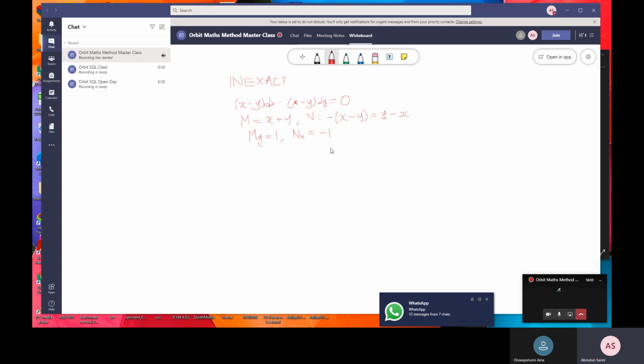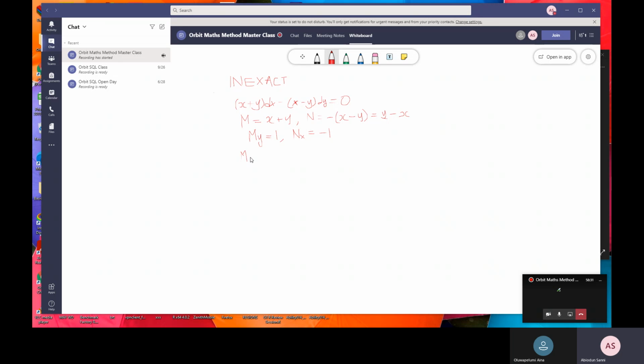Apparently, in this case scenario, since both of them are just constants and you integrate them, you can use any method. Let's check how this one works out.